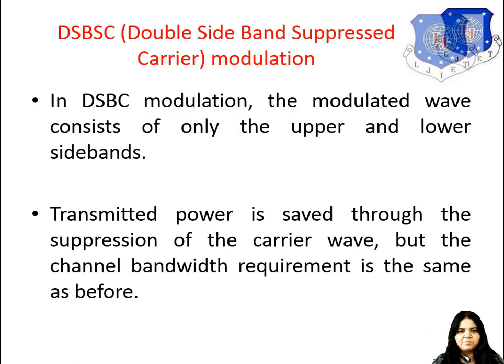We can save transmitted power by suppressing the carrier wave, and we can also save the channel bandwidth requirement. As we know, the carrier does not have any information, so if we suppress the carrier, we can save the transmitted power.